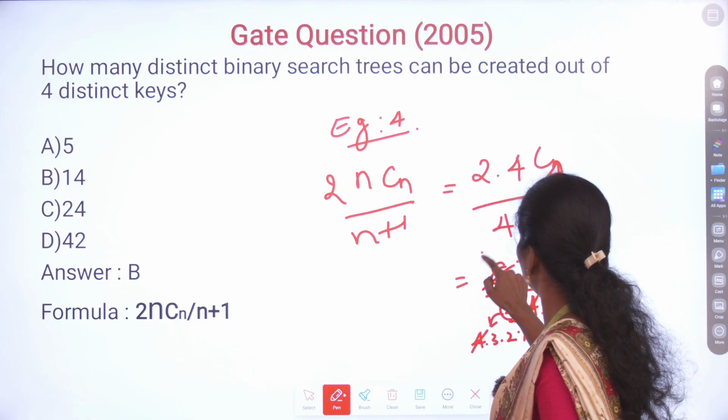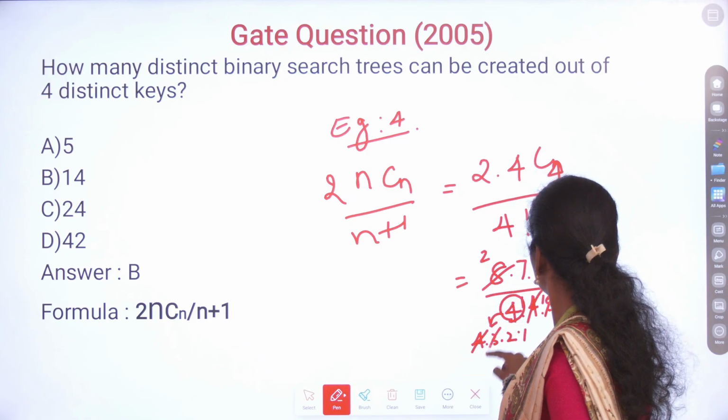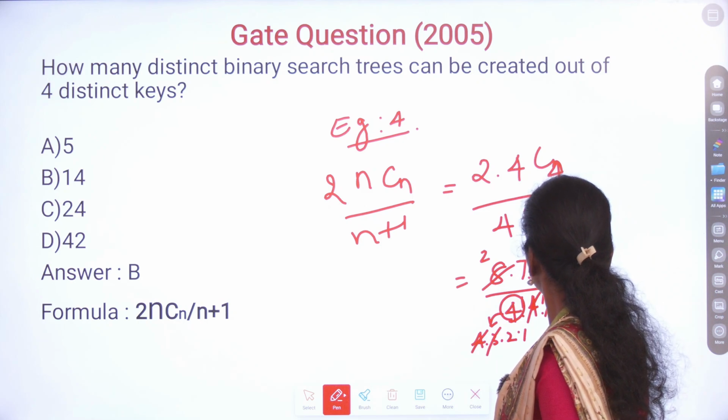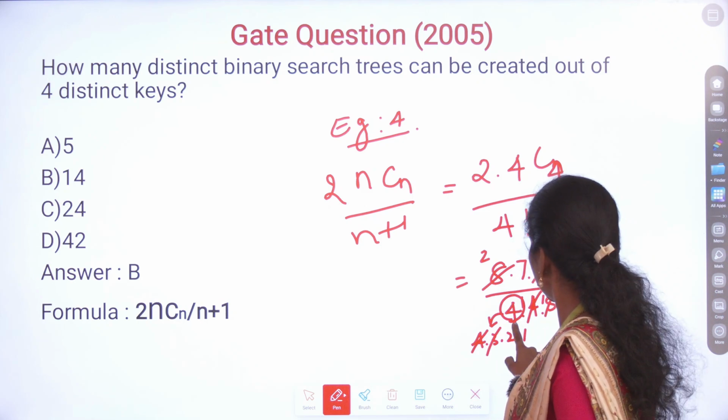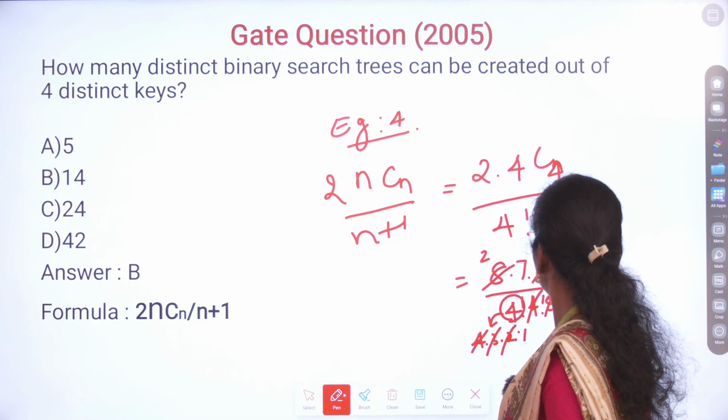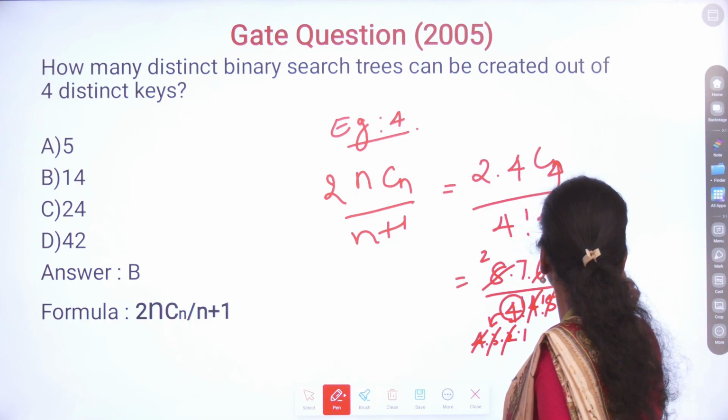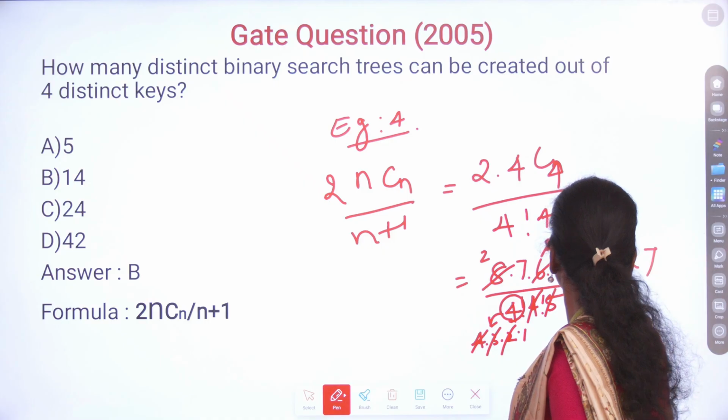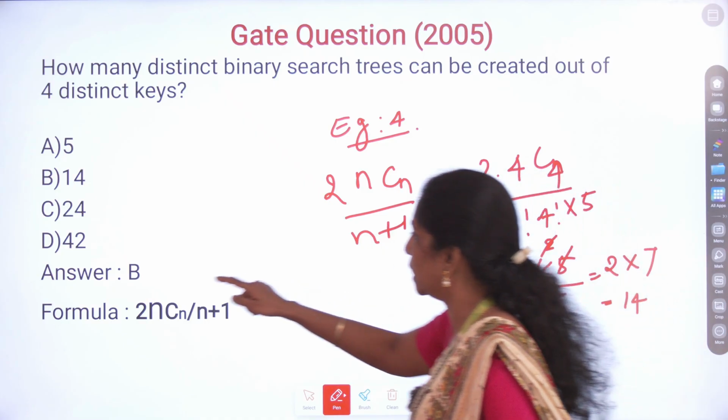So 4 2s are 8, 3 2s are 6, again these 2 get cancelled, then the remaining is 2 into 7, so 2 into 7 is 14. So 14 is the answer.